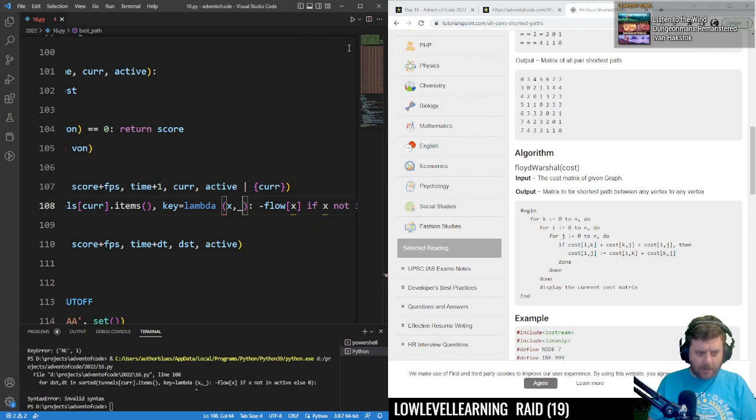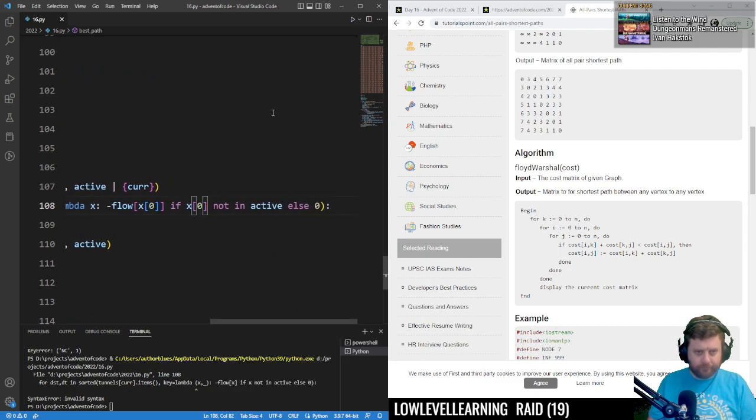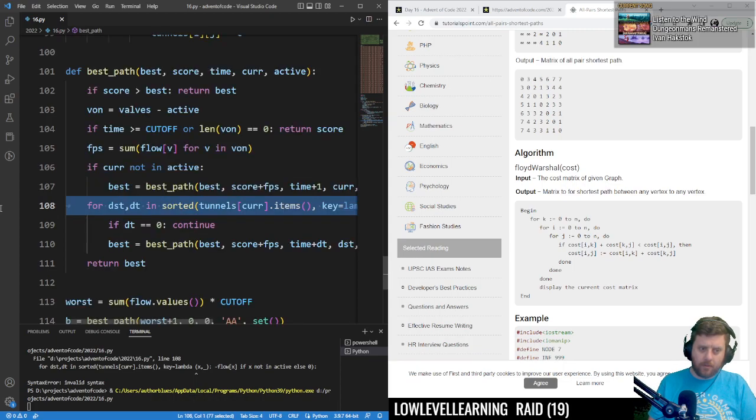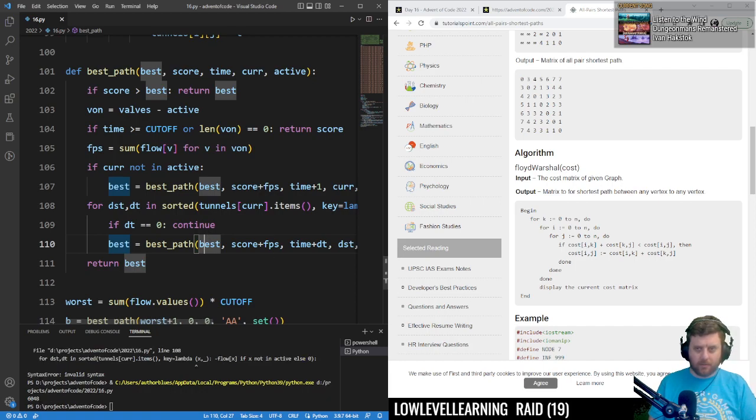Can you do tuple unpacking in a lambda? Nope. No. Okay, that's gotta be faster. It is.